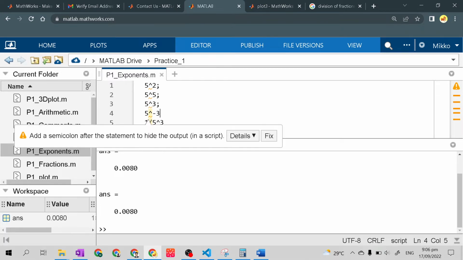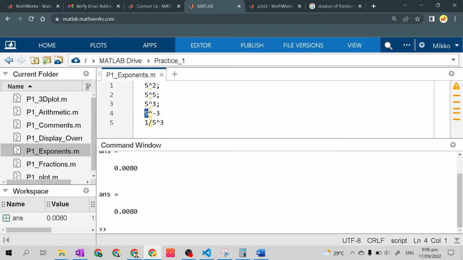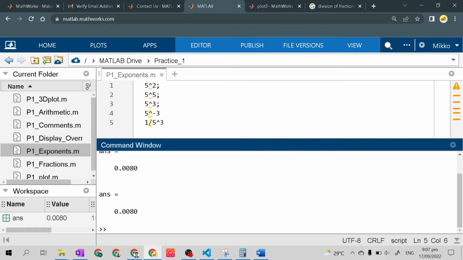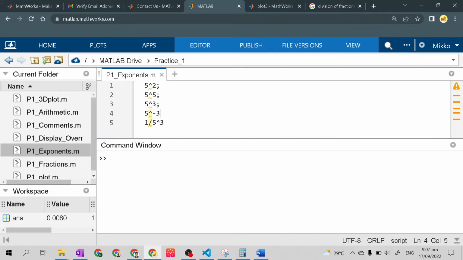So that's the meaning of 5 raised to the negative 3. Get the reciprocal of the base, then the exponent will be positive with the reciprocated base. Then another one. If the exponent is a fraction, what does this mean?